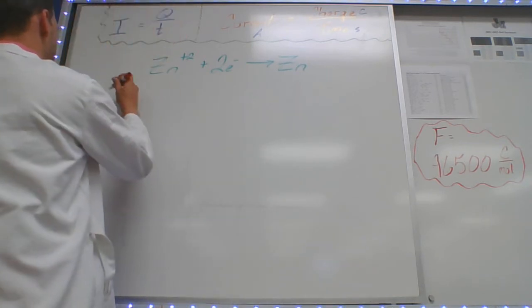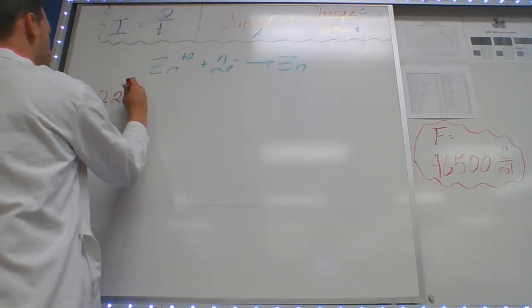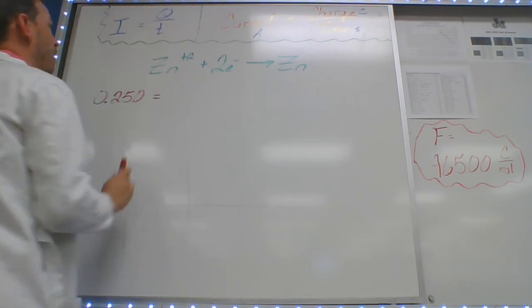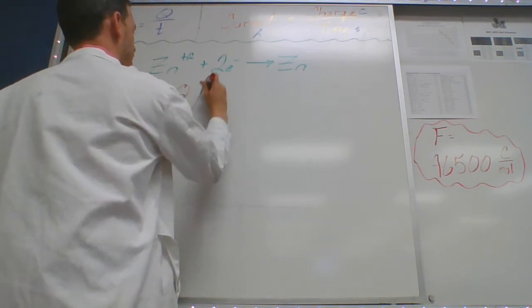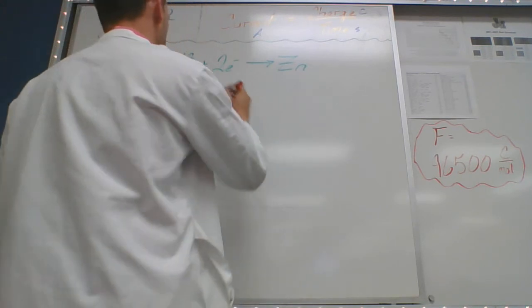We're at 0.25 amps. So 0.25 amps equals the Q we're going to find, divided by a time of 200 seconds.